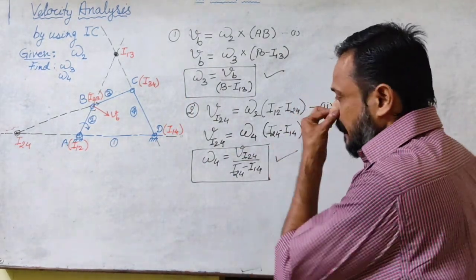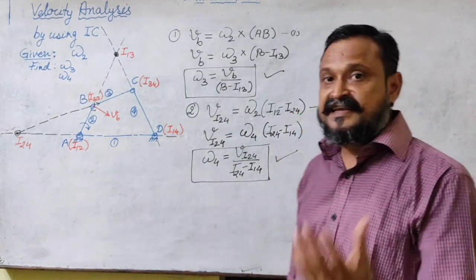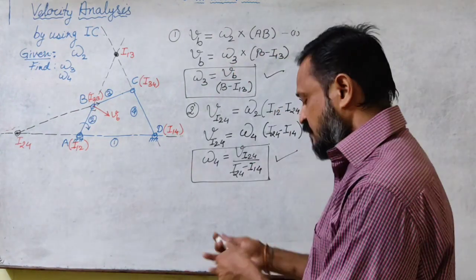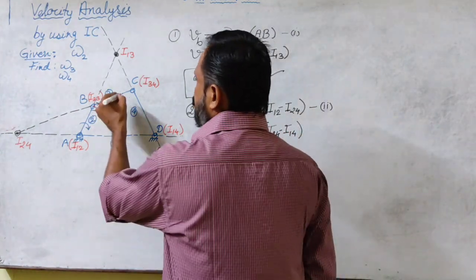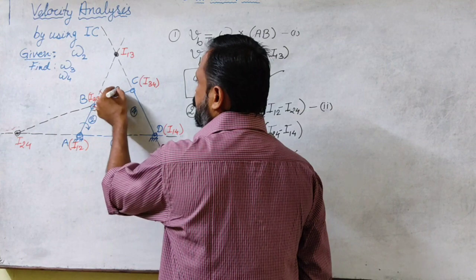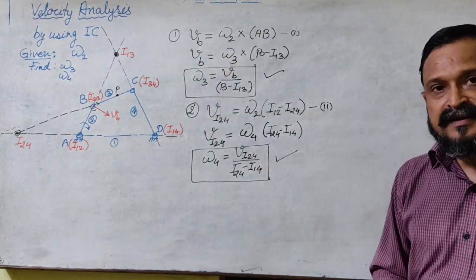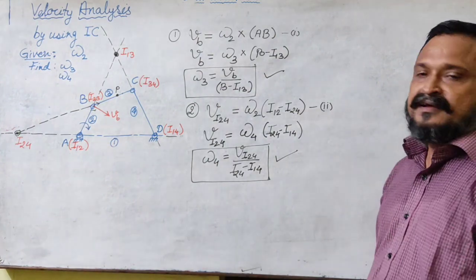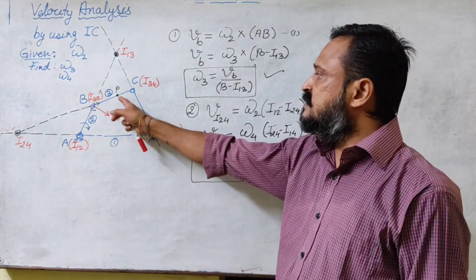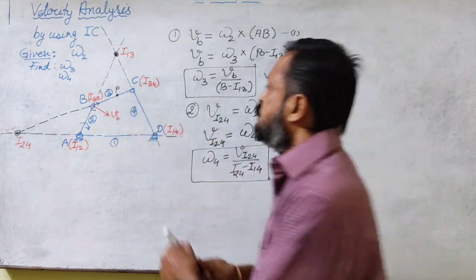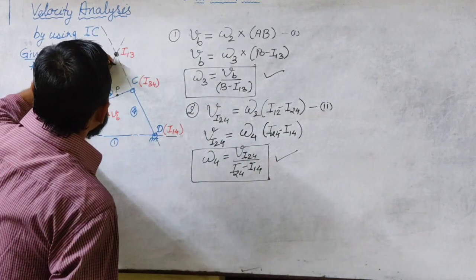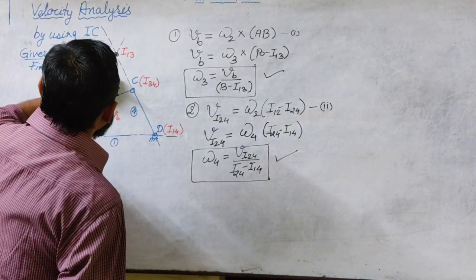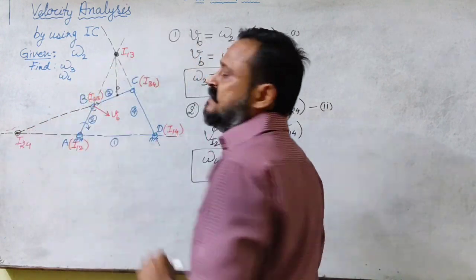Now say for example there is some other point which is given to us. For example, say there is some point P on link number 3, and I have to determine its velocity. So I can simply join this point, PI13.